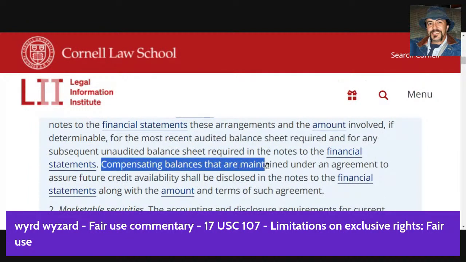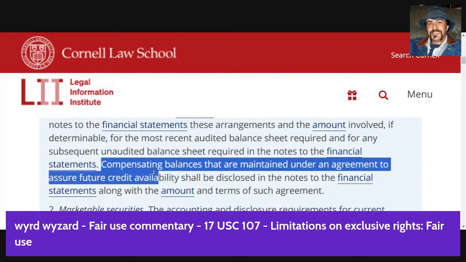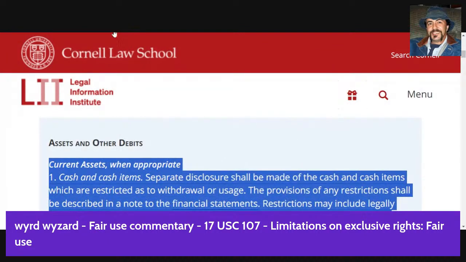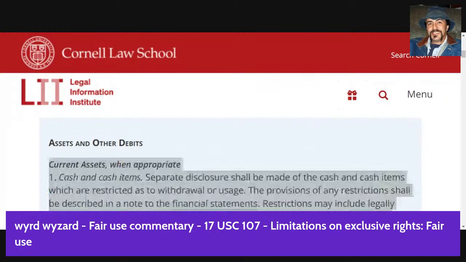Compensating balances that are maintained under an agreement to assure future credit availability shall be disclosed in the notes to the financial statements along with the amount and such terms of agreement. So we see that somewhere along the line, someone has not realized where the credit extends from, because there is no statement of intent as to where it comes from to begin with.